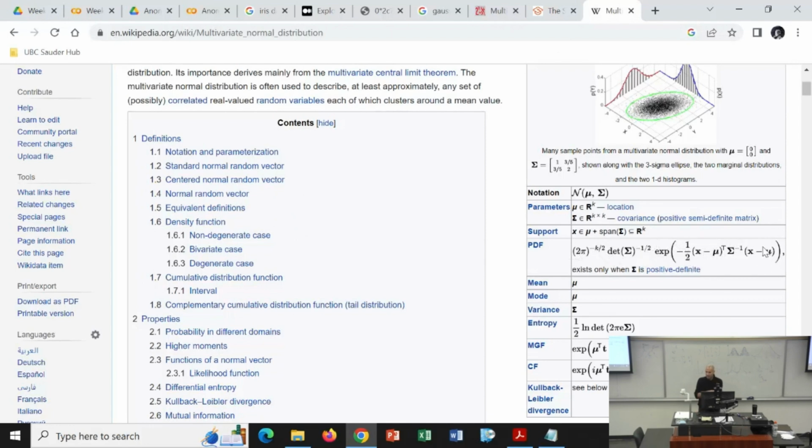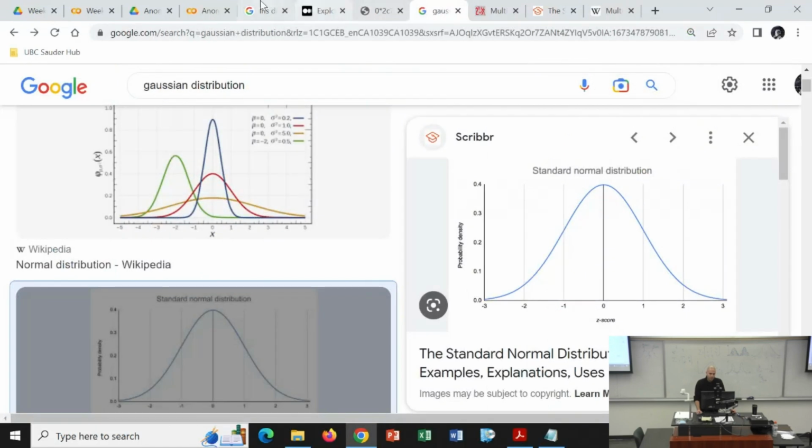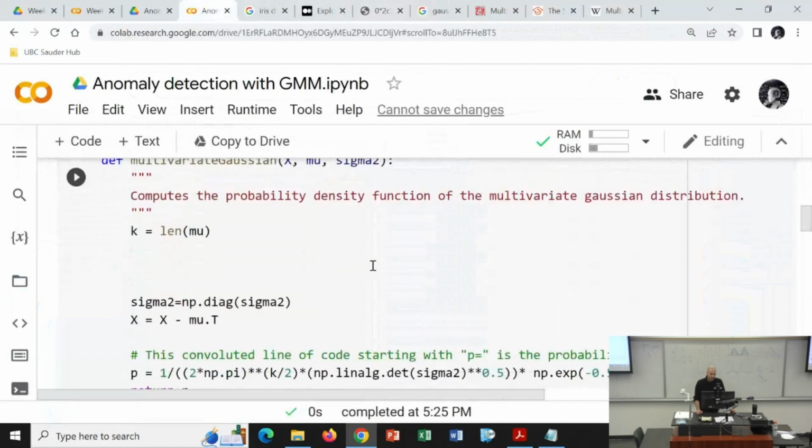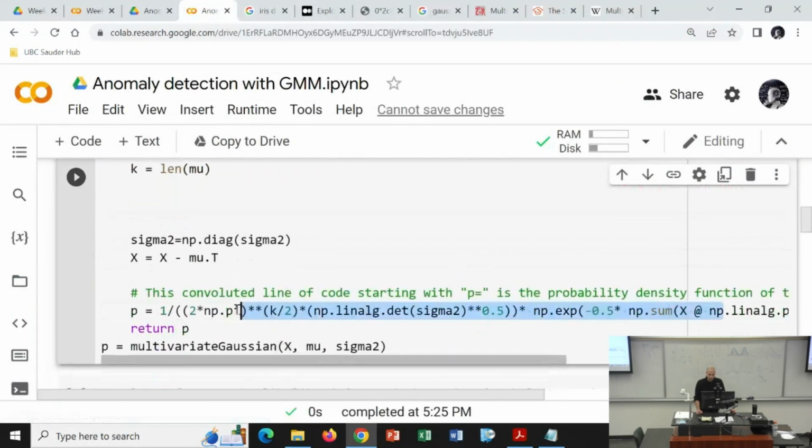This is the mathematical representation of the same curve. This is also called the probability distribution function or density function. So we need to just calculate this for every single data point, and that would be the score, that would be the height, that would be the likelihood. So here I have it, and of course in the code it doesn't look nice either, but that's just the formula.